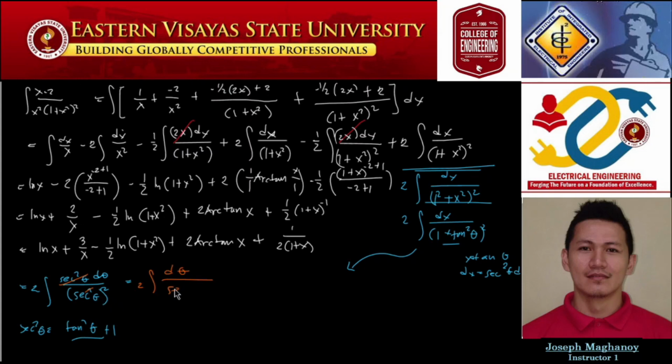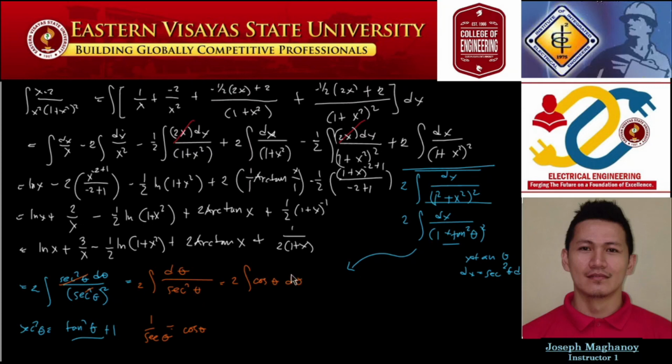You still have secant squared theta. Okay, so this is the same with our first example. We still need to use 1 over secant theta, which is equal to cosine theta. So rewrite this one: 2 integral of cosine theta d theta.